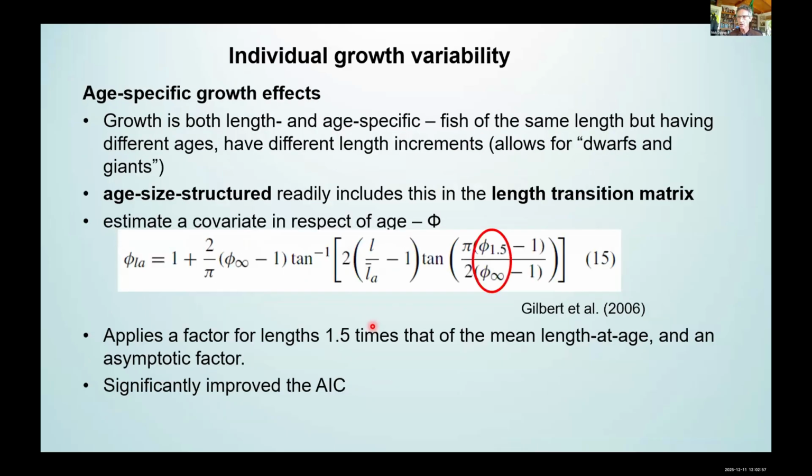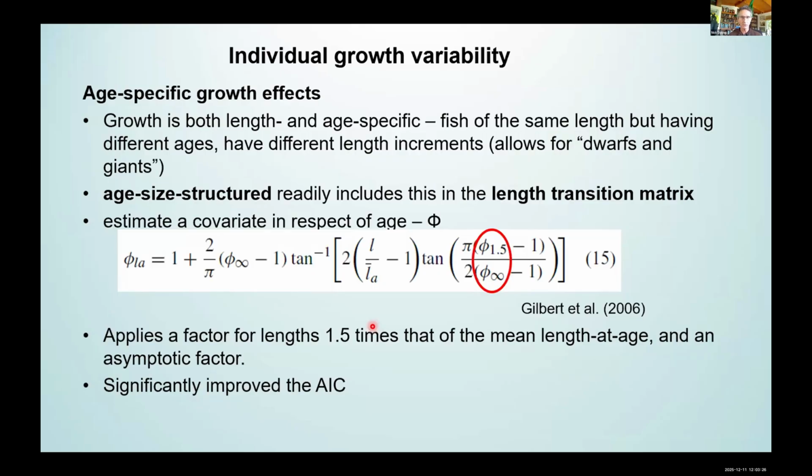So now looking more closely at the age-specific effects on growth. With the size-structured model, this is impossible because the age dimension is completely absent. Naturally, age-specific effects should affect individual length-based growth variability. Individuals of the same length but of different ages may not necessarily have the same probability distribution of advancing to a new length.